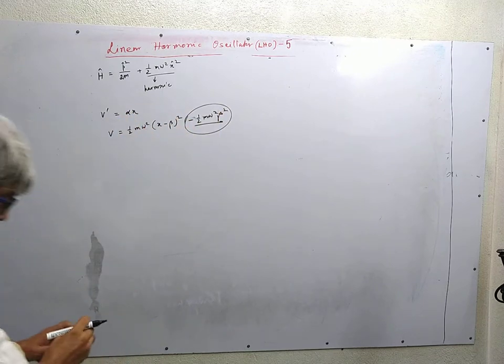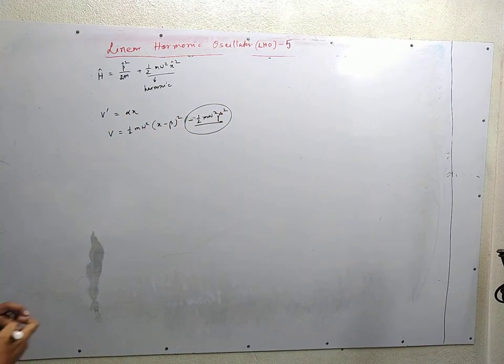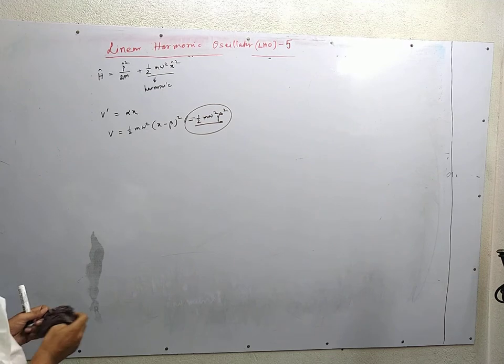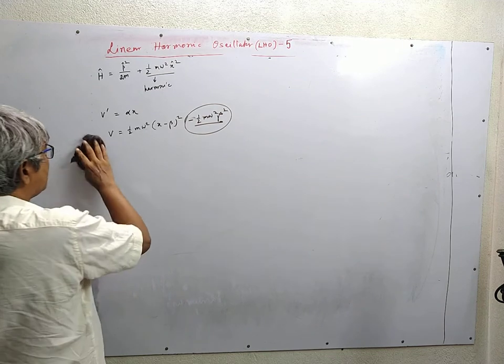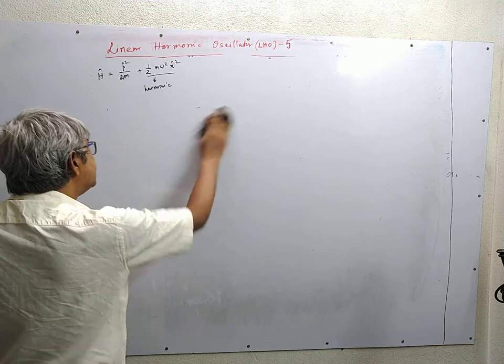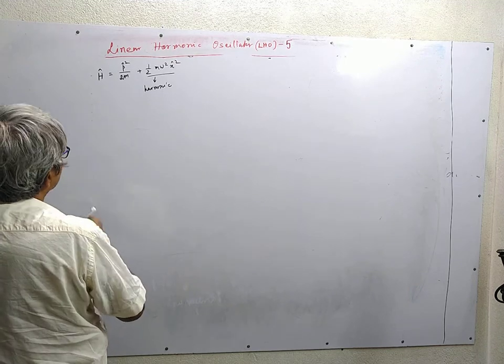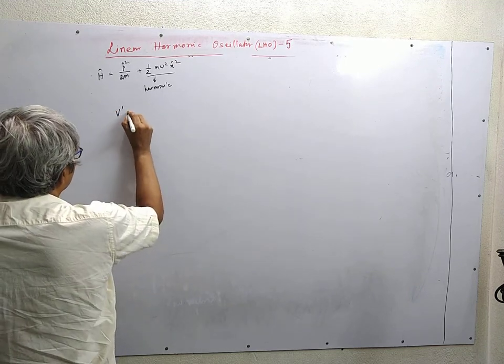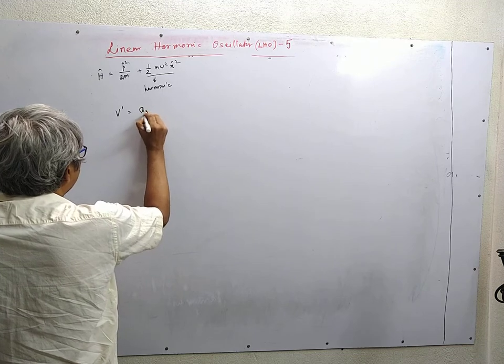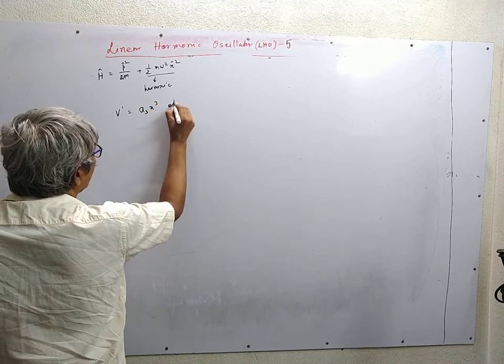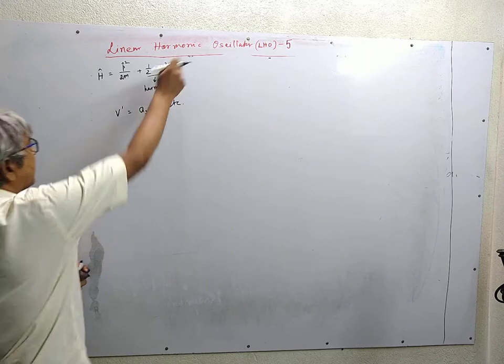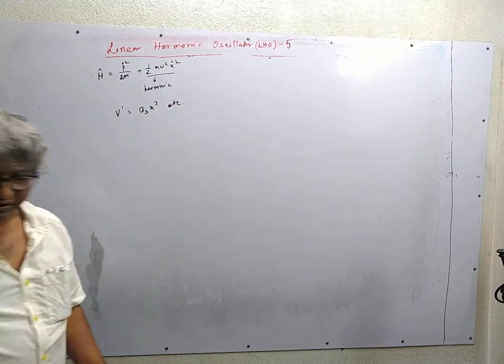That's all. But if we add some potential which varies as x cube, say a3 x cube etc., then this cannot be accommodated into the theory.